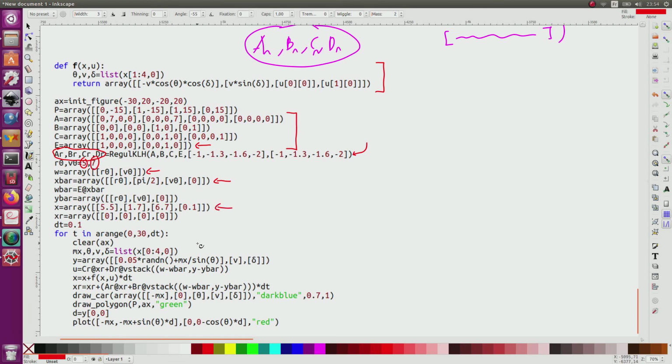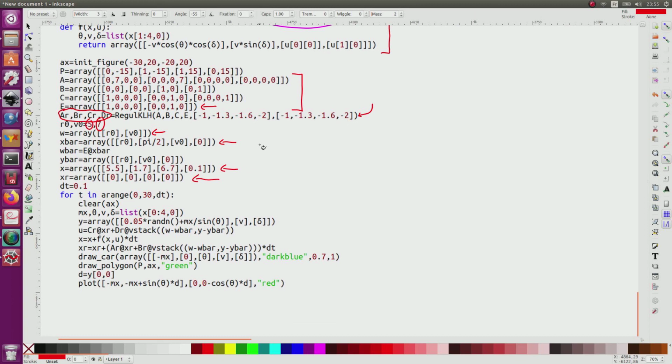This is my initial vector. This is my initial vector for the regulator, and we observe that the two of them have the same dimension because in the simulation I propose, the real world corresponds to the world of my regulator. In the next question it will be different. So in this real world I follow a wall. Okay.